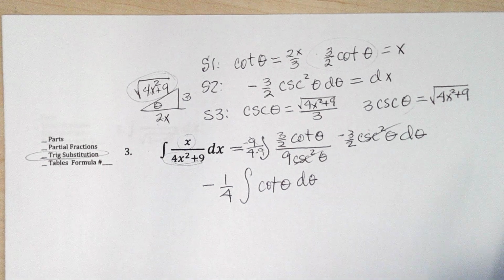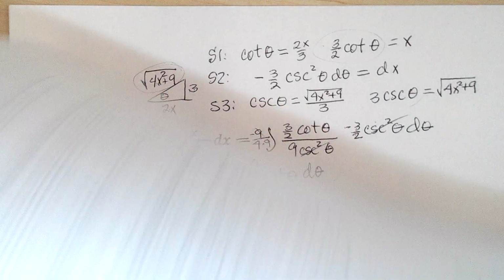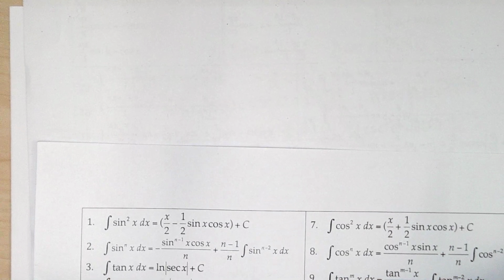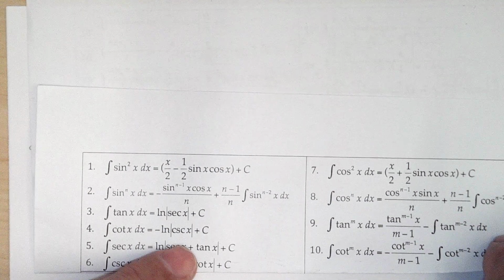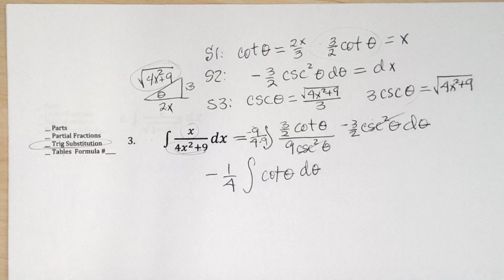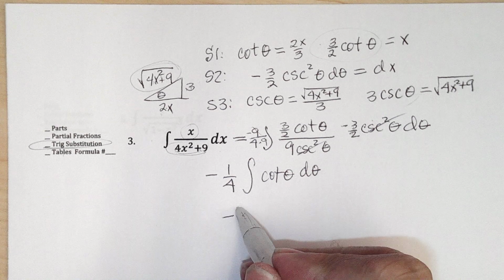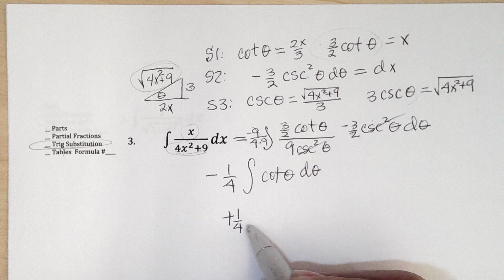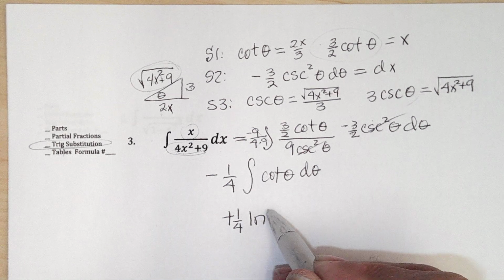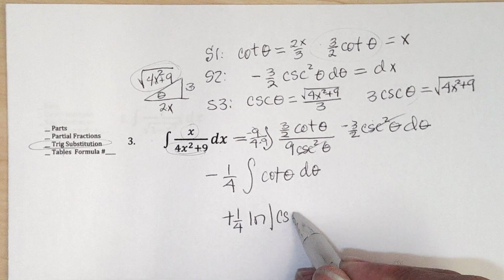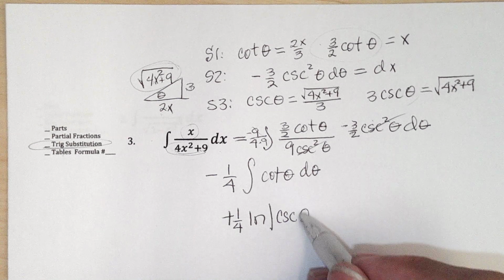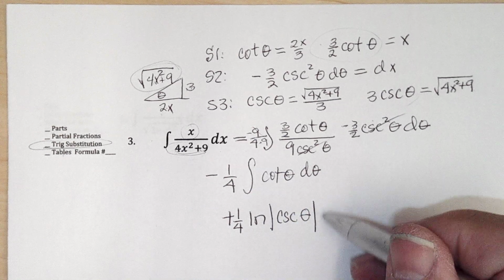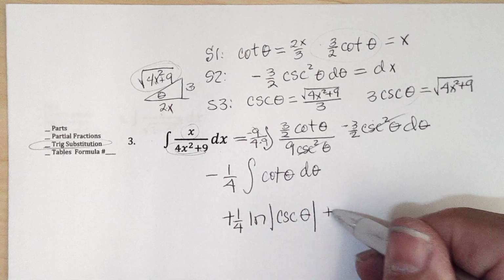The antiderivative of cotangent is ln cosecant, negative ln cosecant x, but it's theta, so negative 1/4 negative, so that turns that to plus, ln absolute value cosecant theta. It says x in the formula, but the variable is theta here, so it's cot theta plus c.